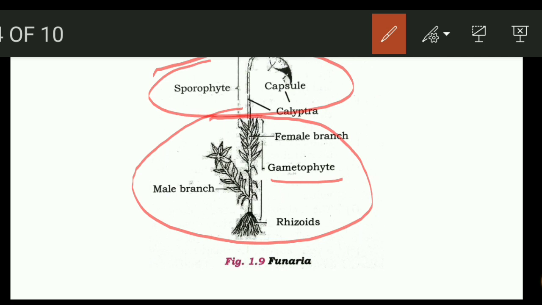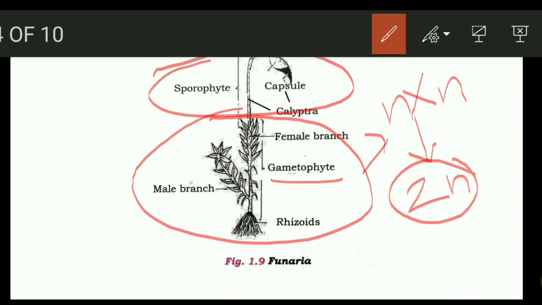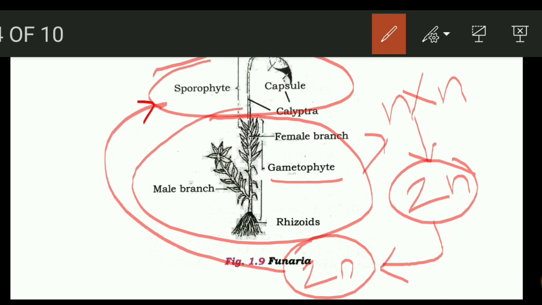The gametophyte produces male and female gametes which fertilize together to form a diploid zygote, which multiplies to form a diploid sporophyte.